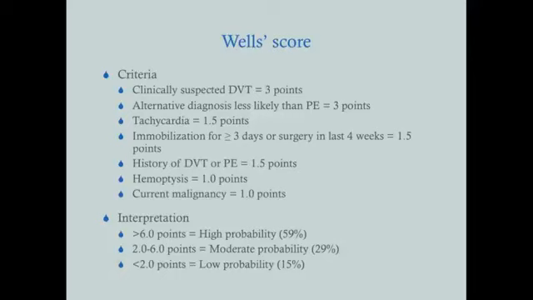Immobilization for more than 3 days or surgery in the last 4 weeks gets 1.5 points. A personal history of DVT or PE is 1.5 points. Hemoptysis is 1 point. Current malignancy is 1 point. Remember, having malignancy increases your coagulability. And the way we interpret that is by placing them into the high, moderate, and low probability categories using 2 and 6 as our cutoffs.